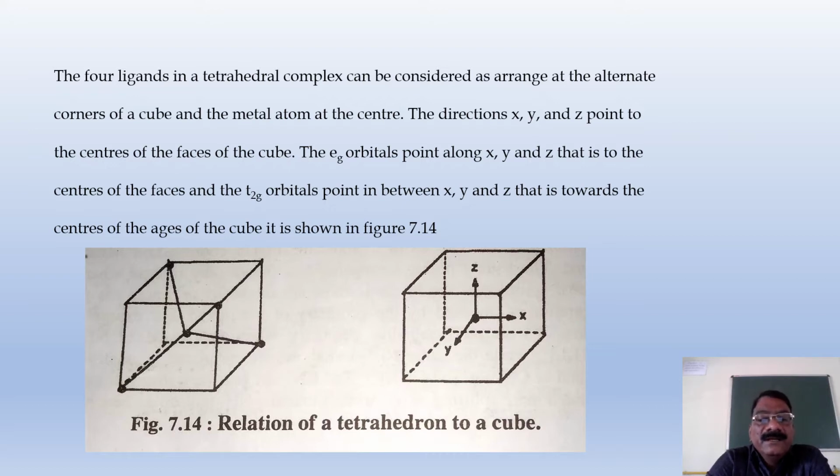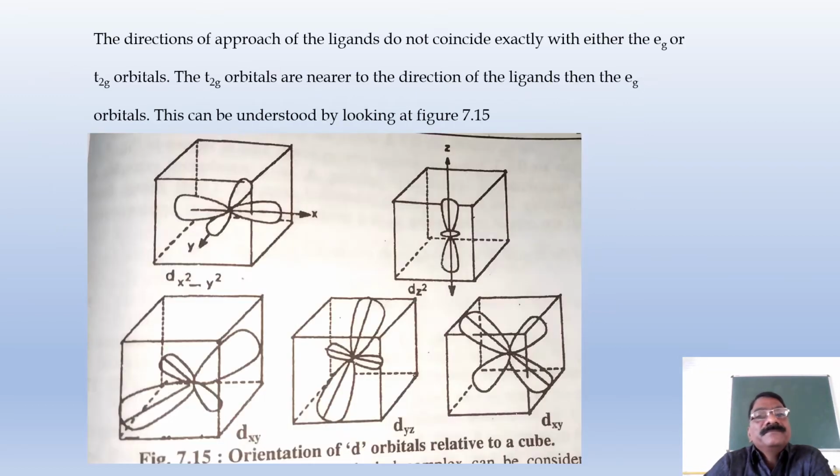See in the figure, particularly: at the center there are the x, y and z directions, and the ligands approach along directions in between them. The directions of approach of the ligands do not coincide exactly with either the eg or t2g orbitals.